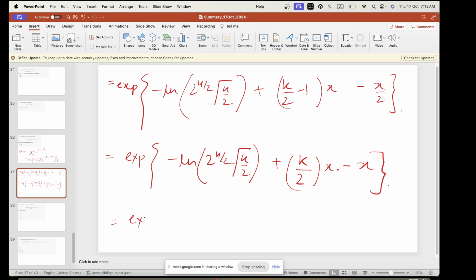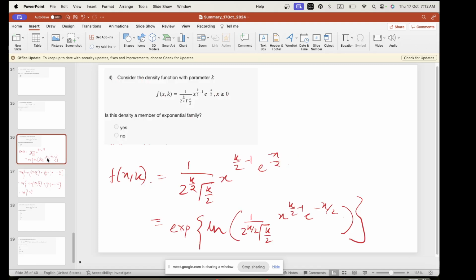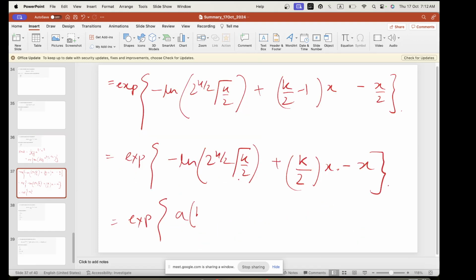So if I write it as exponential, we will have k by 2 ln of x minus x.